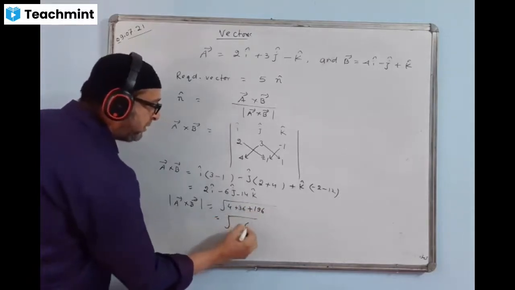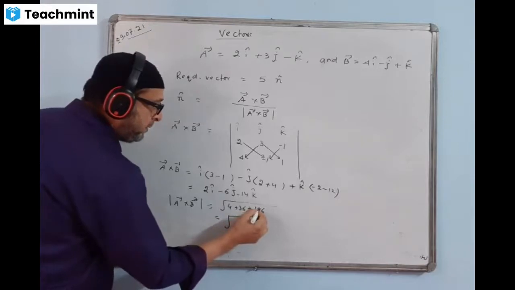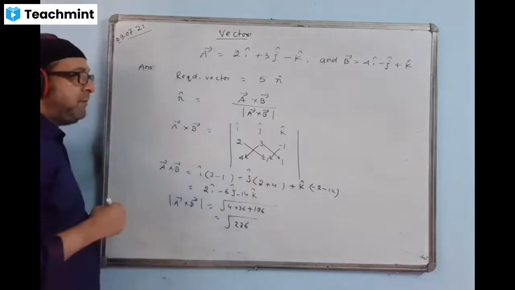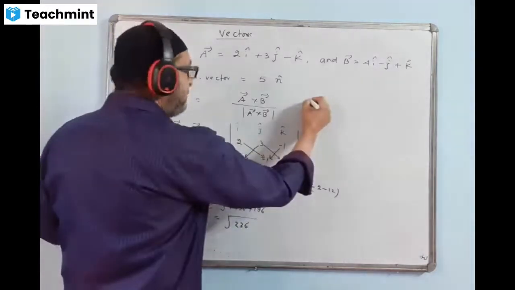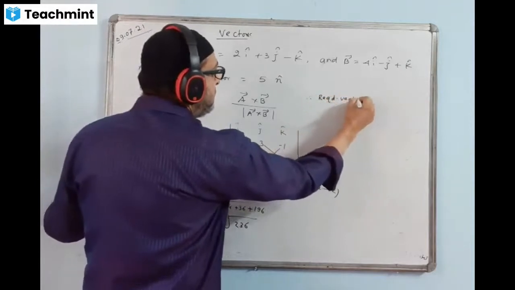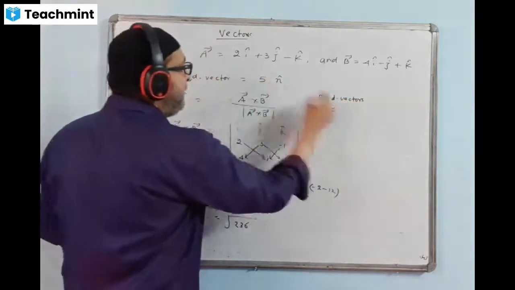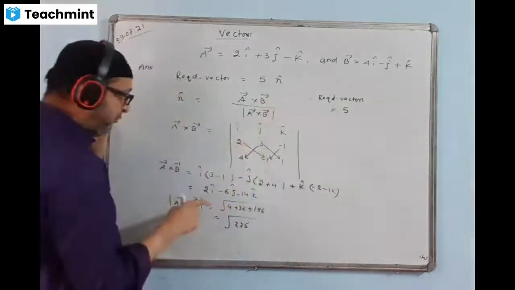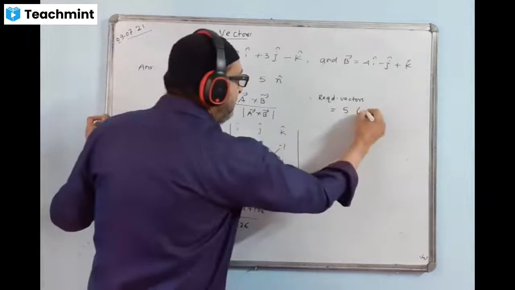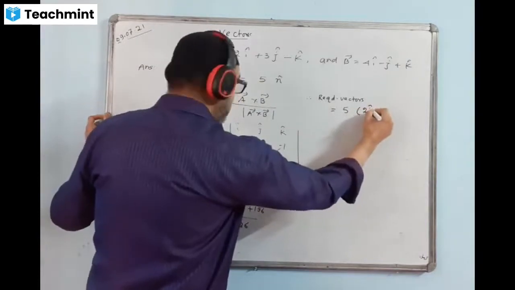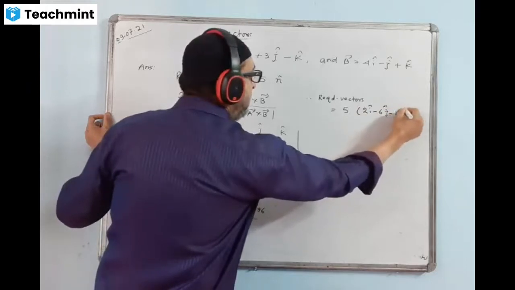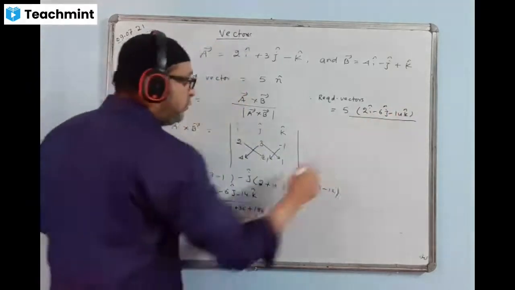4 plus 36 plus 196 gives 236. Therefore, the required vector is equal to 5 into n cap, and the n cap value will be this vector divided by this magnitude: 5 times the bracket 2i minus 6j minus 14k, divided by root 236.